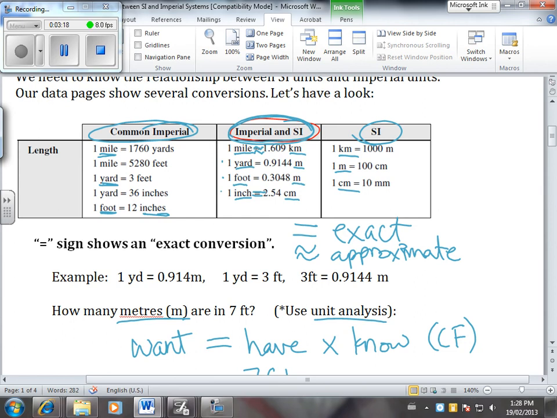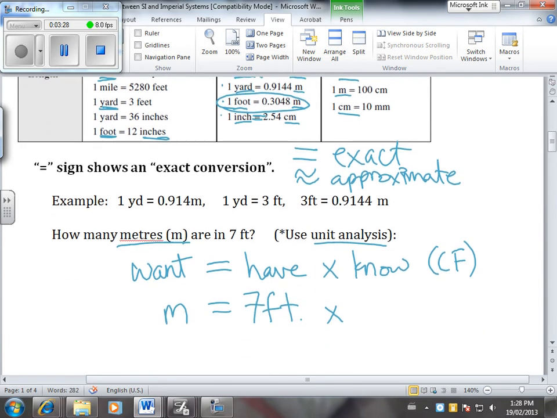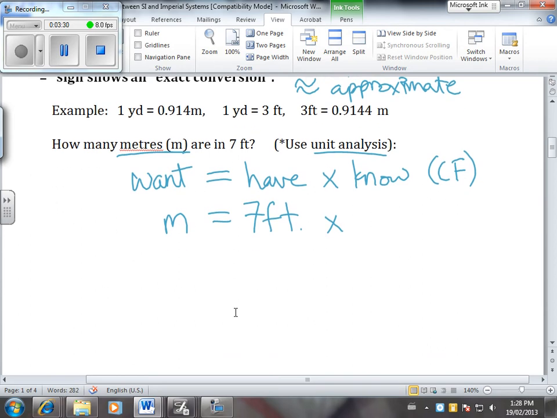We have to go back and look for a conversion that has feet and meters in it. So, looking for feet and meters, I'm going to be in this box here. And here we go. 1 foot is equal to 0.3048 meters. So I go back. I want to get rid of my feet. That means I should put feet on the bottom of my conversion.